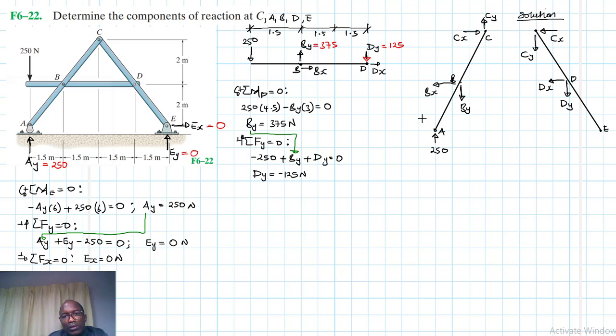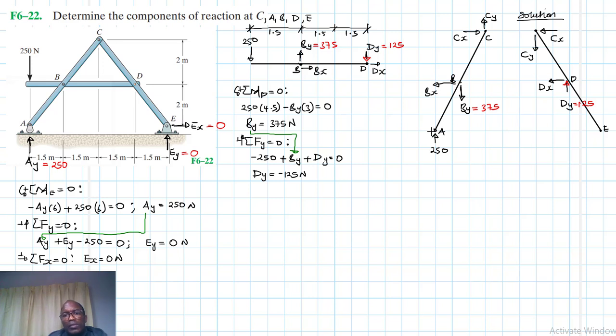So once we found DY, then we have to find this one here, CY. The sign also here changes. Let's put the right sign. This one will be going up and is equal to 125. Okay. What else? BY is just correct, it is 375.